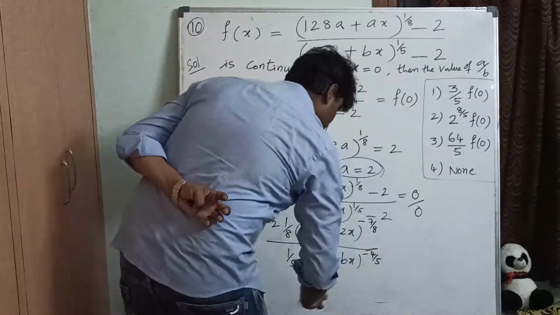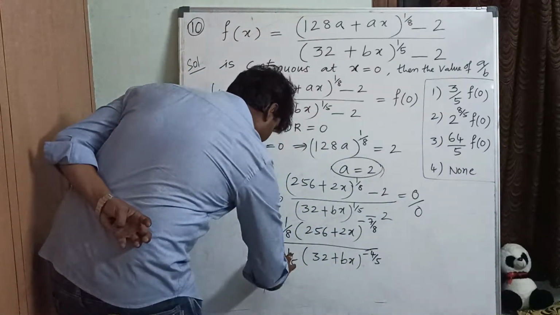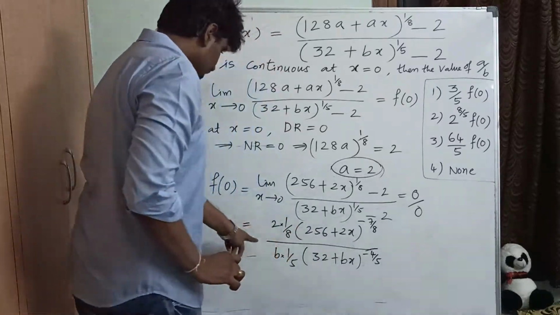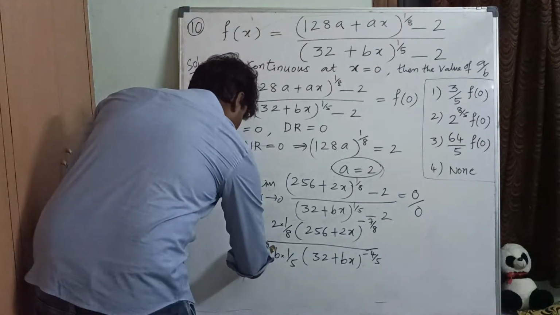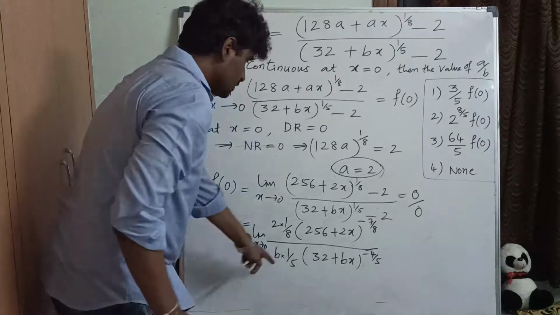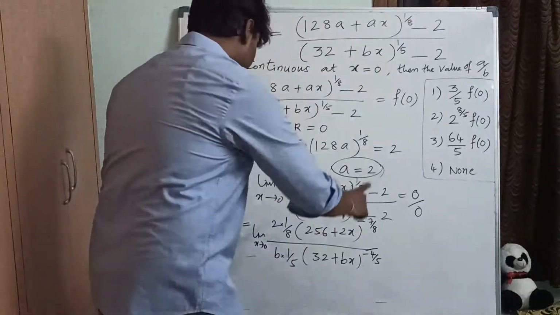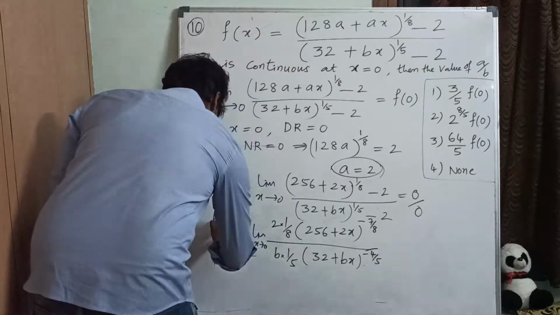Now the 2 will be 0, and again the derivative of this one is b, so I can write b here. Then we will substitute the limit, limit x tends to 0. So what will we get? 256 is 2 power 8, the 8s cancel, and we get 2 power minus 7. So let us see f of 0.